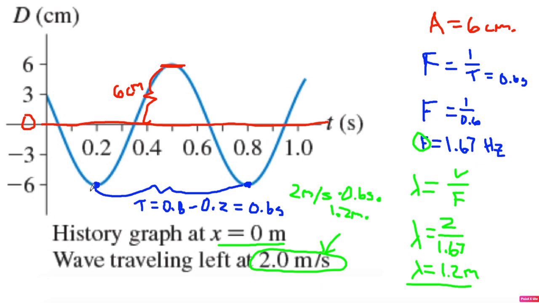It's important to note that this point does not actually move, because the point at x equals 0 meters stays at x equals 0 meters forever. It just goes up and down with the oscillation of the wave. However, you can use this period to measure the wavelength because that measures the distance from one point in the little dip here to the other point in the dip right here. So this equation still works out.